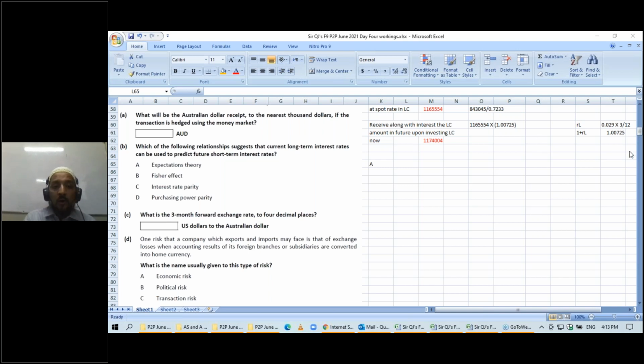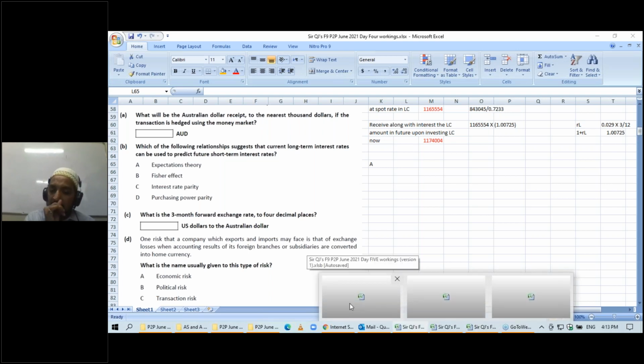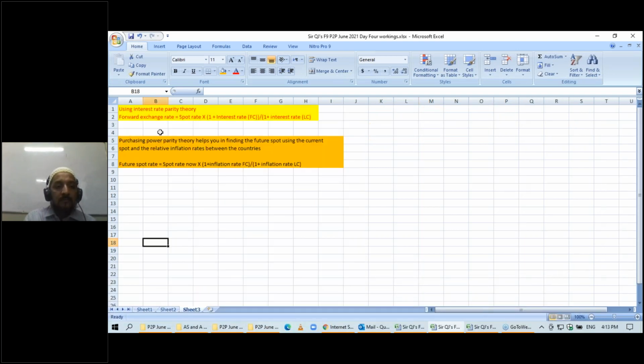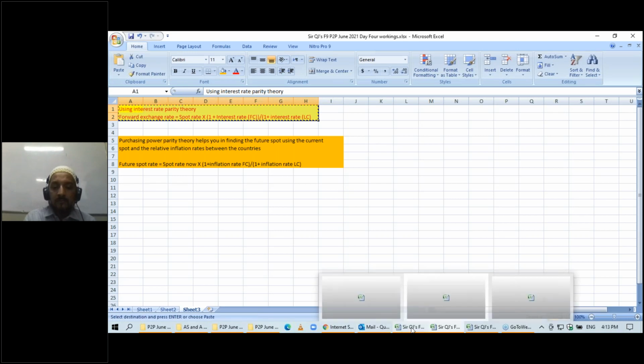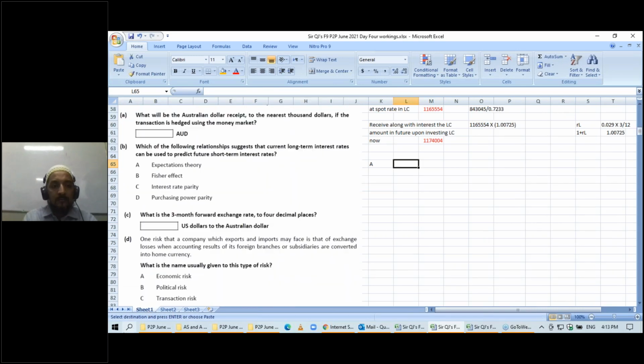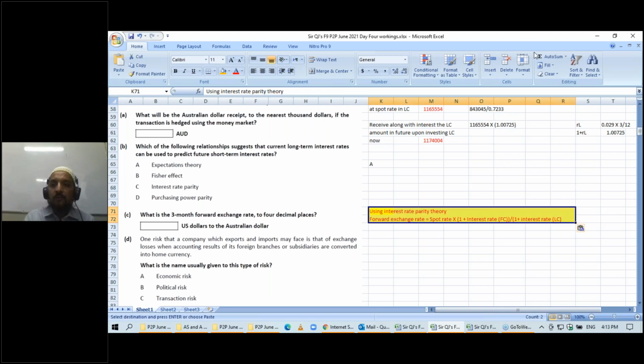So we have to calculate a forward rate over here, and the forward rate can be calculated using the interest rate parity theorem. There is an interest rate parity theory formula which we can use to calculate the forward rate. Let me share the formula with you. That's the formula on your screen for the interest rate parity theorem.